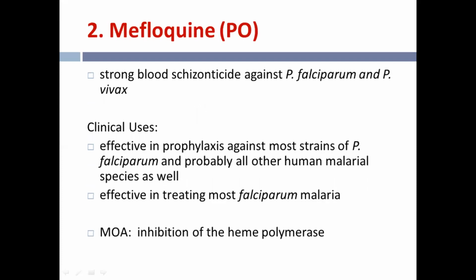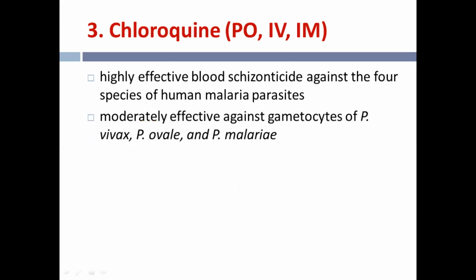Mefloquine, it is also a blood schizonticide for falciparum and vivax. Plasmodium pala ay plasmodium. So it has the same mechanism of action. It is highly effective for the 4 human malaria parasites.